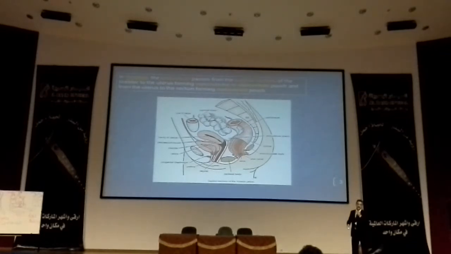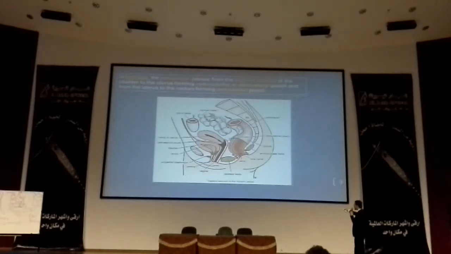Utero from uterus, not uretro. Utero, not uretro. Vesical pouch. Now, the peritoneum continues above the uterus and covers the anterior surface of the rectum.